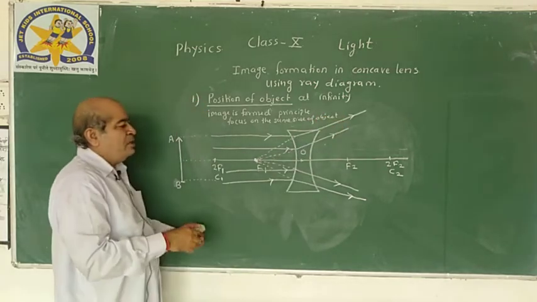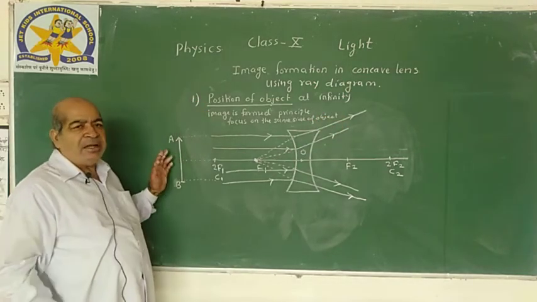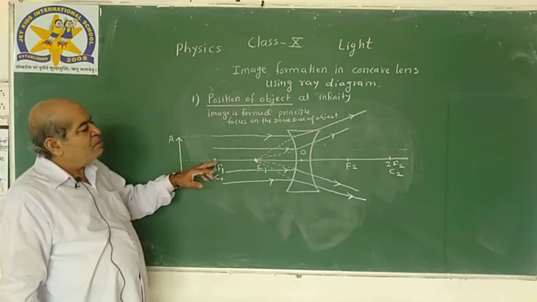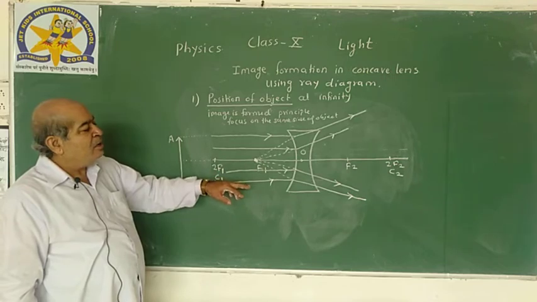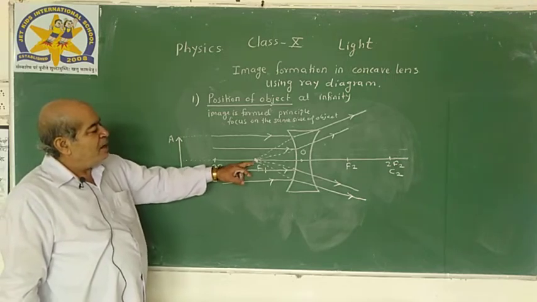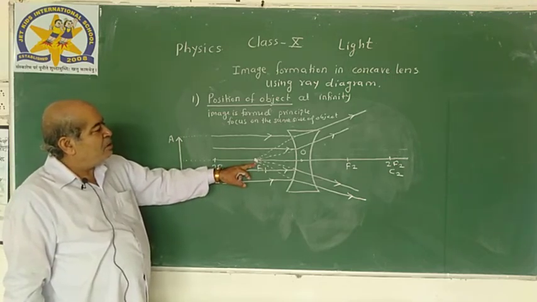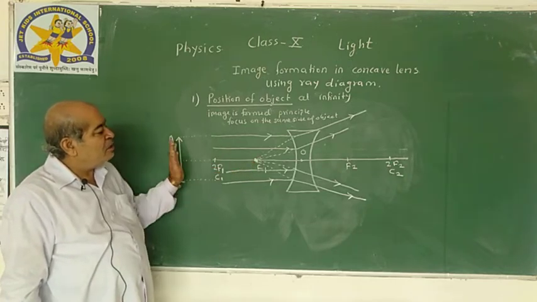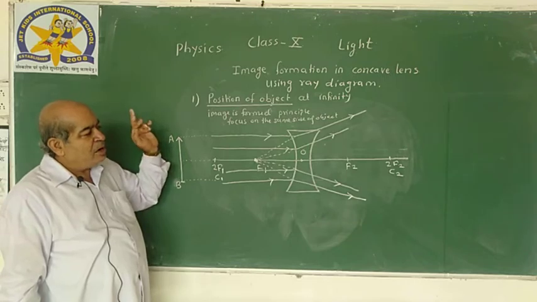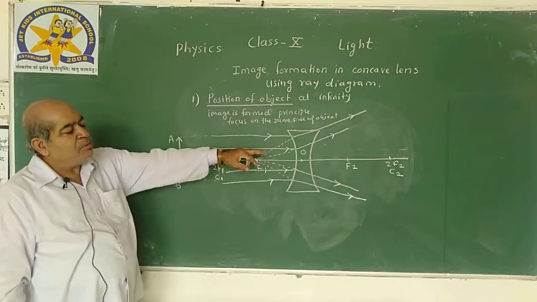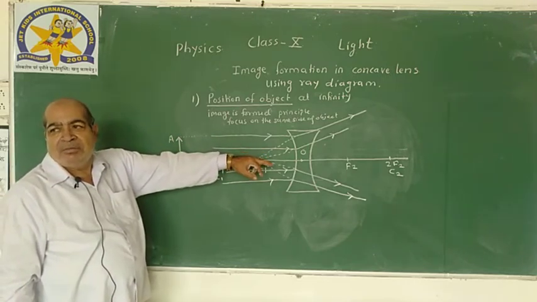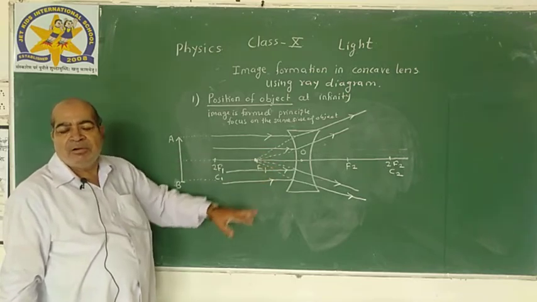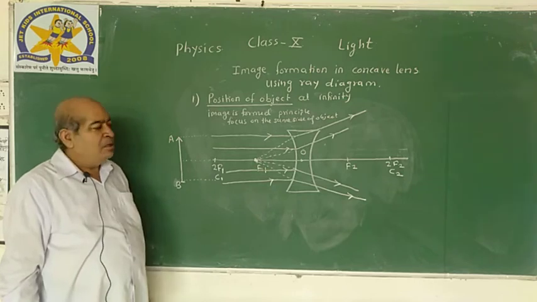Thus, when the object is at infinity, the image formed by the concave lens is at the principal focus on the same side of the object. In the convex lens, it is formed at the principal focus on the other side.